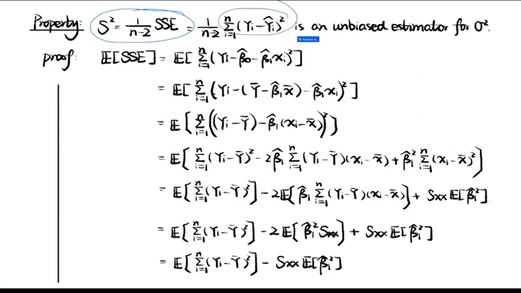If I divide the sum of square error by n minus 2, I'm actually going to have s squared, which is an unbiased estimator for sigma squared. Why am I dividing by n minus 2?